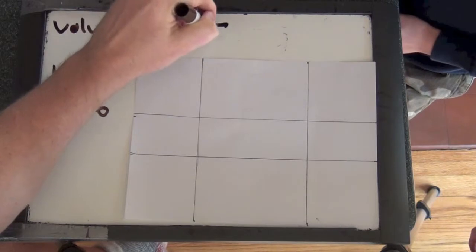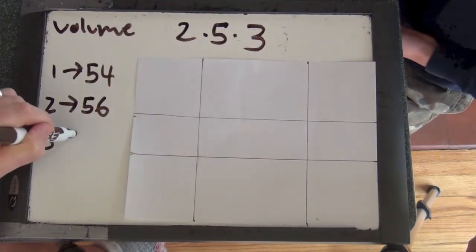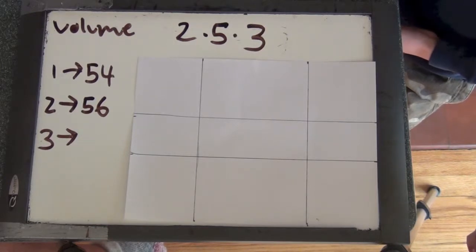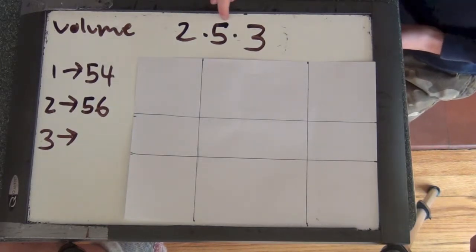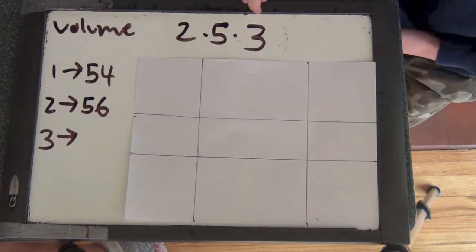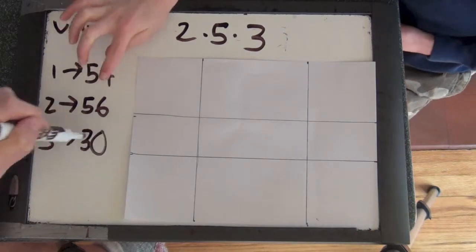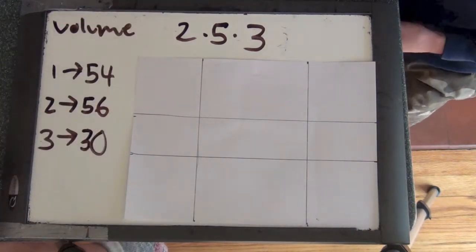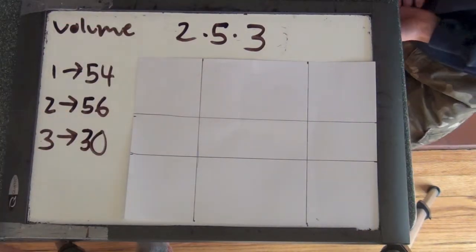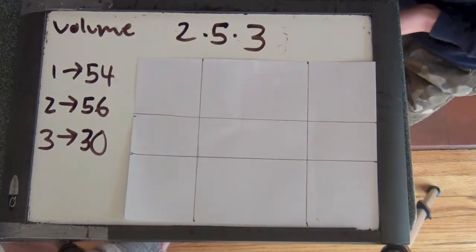And the height is 3. The volume is 2 times 5 times 3, which is 30. That's much smaller. 54, 56, 30. I thought that one would probably have 58. That pattern didn't continue. That's a good observation.